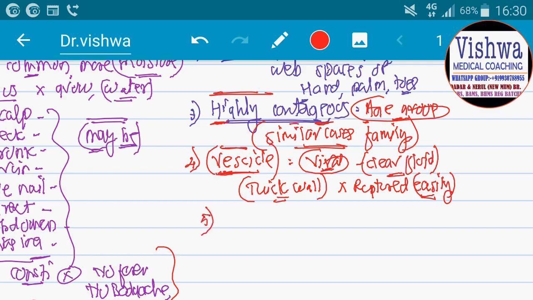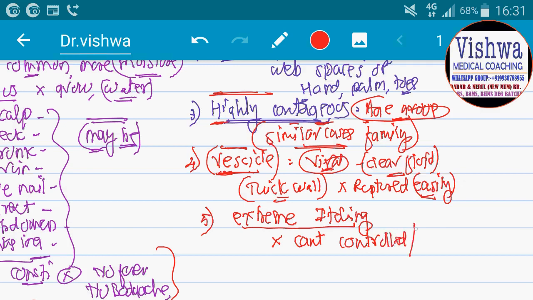Fifth and foremost, the most important point is extreme itching, which cannot be controlled or postponed. This is the difference between this and a fungal infection. Fungal infection itching can be postponed.